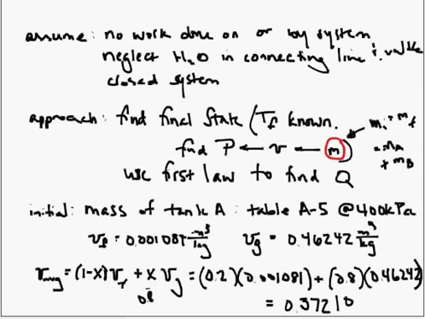My units are a little messy here, but my v average, my average specific volume, is 0.37210 cubic meters per kilogram. Okay, next thing I'm going to do, go to a new screen here, and now I can find the mass of tank A.